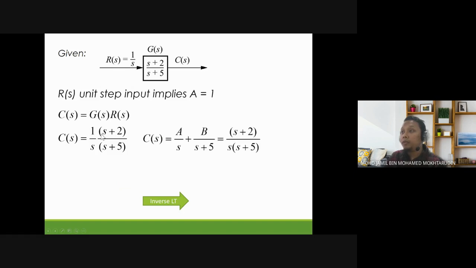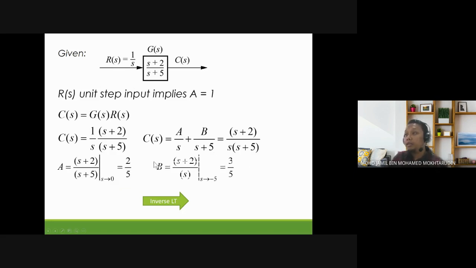Then you perform partial fraction expansion. You find A and B, and substitute back into C(s). Then you use inverse Laplace transform to get the time response c(t).